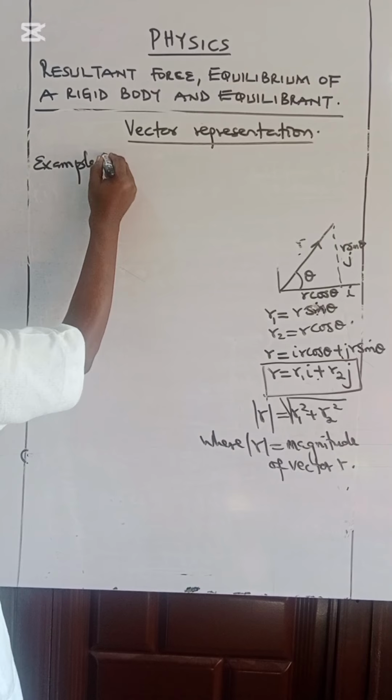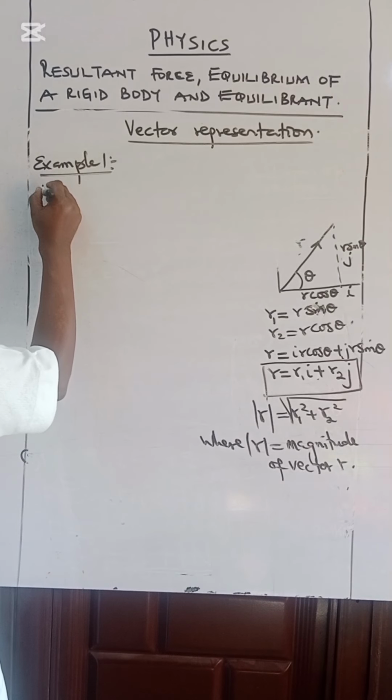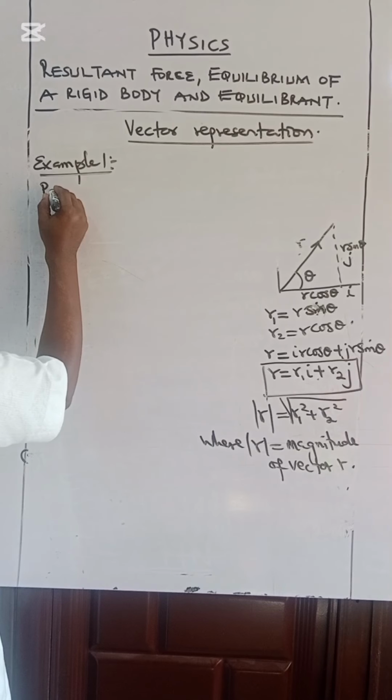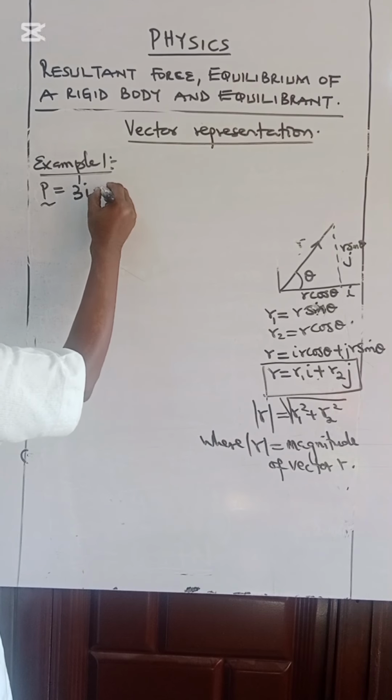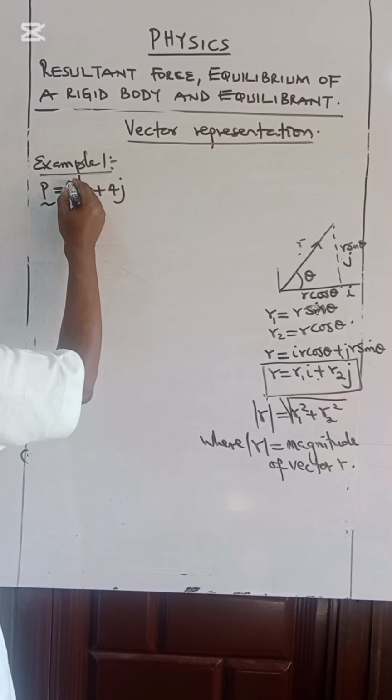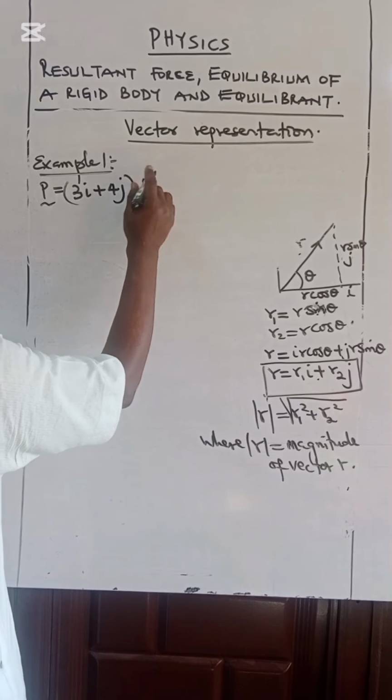Let's see example 1. We are given a vector P to be 3i plus 4j, in Newton.